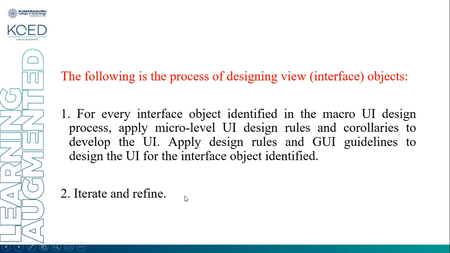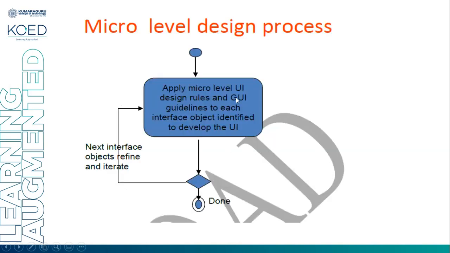Iterate and refine. So every object identified in the macro level process, you will apply the micro level UI design rules and corollaries to develop the user interface, and iterate and refine.